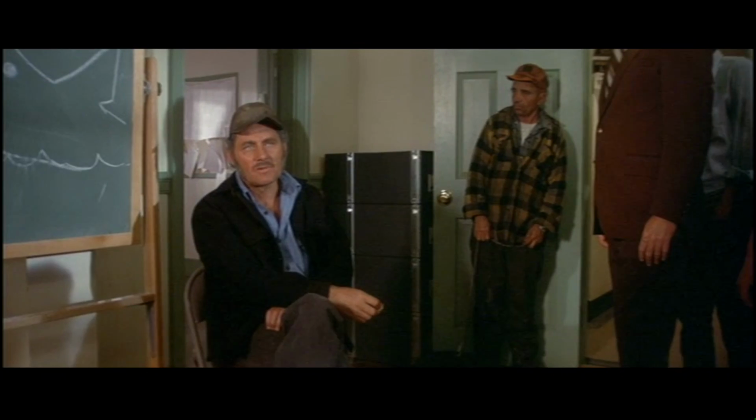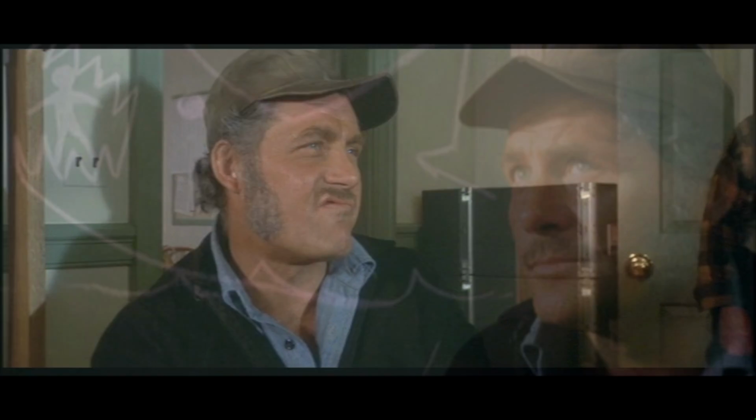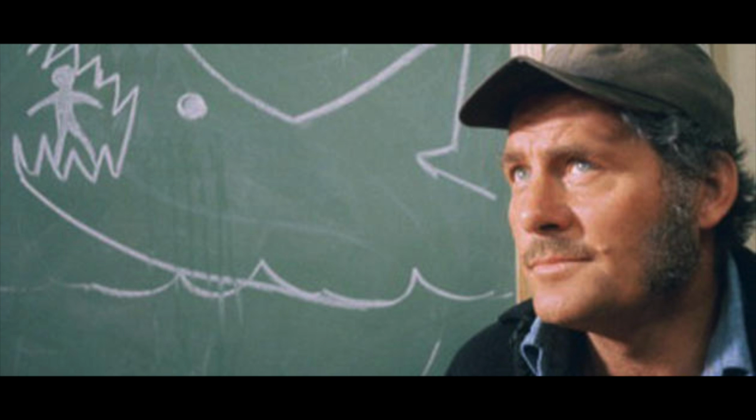This is done through his scraggly hair and sideburns, his grimy clothing, and his well-worn baseball cap. Even the image on the chalkboard provides insight into Quint. It is, spoiler alert here, a foreshadowing of how he will die later in the film. All of these visual elements are designed to define his character as he is being introduced.